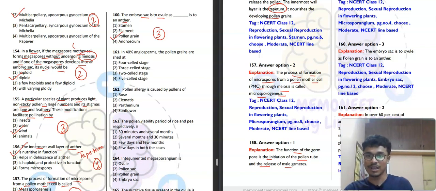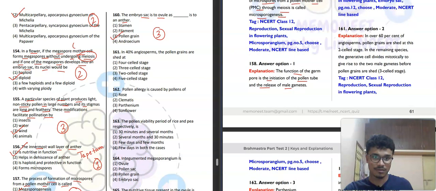Now, moving towards the next question, that is 161. In 40% of angiosperms, the pollen grains are shed at: 4 cell stage, 3 cell stage, 2 cell stage or 5 cell stage.